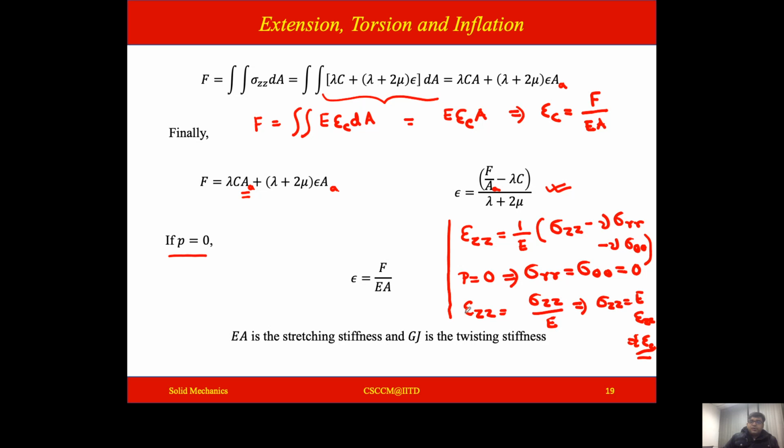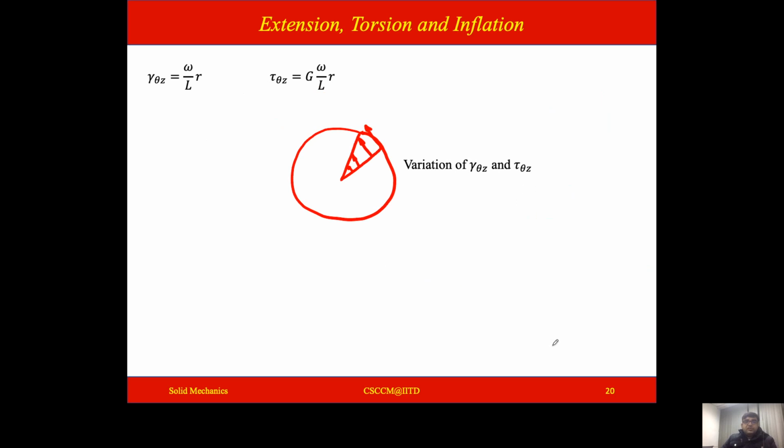A very simple proof, as you can see, and this is your epsilon. Now this thing I already discussed in the last lecture, that EA is known as the stretching stiffness and GJ is known as the twisting stiffness.